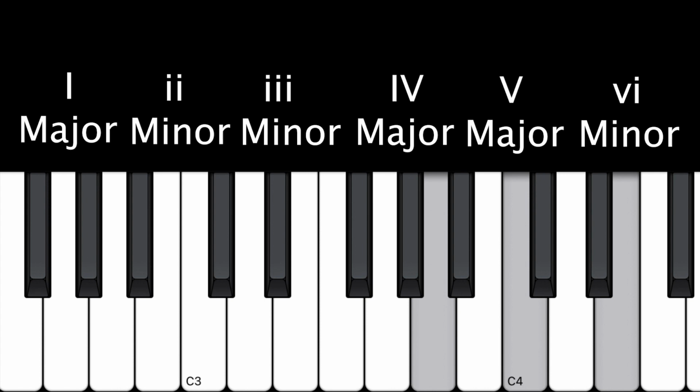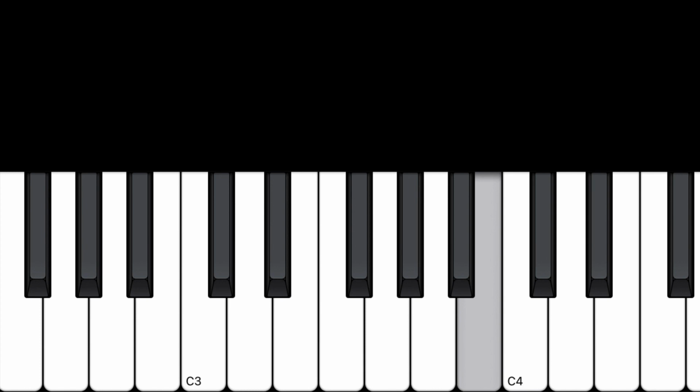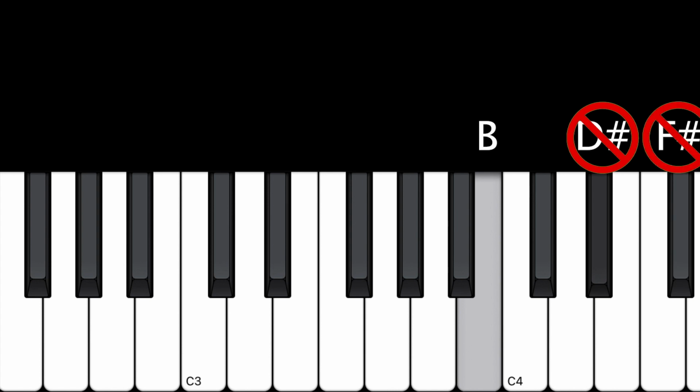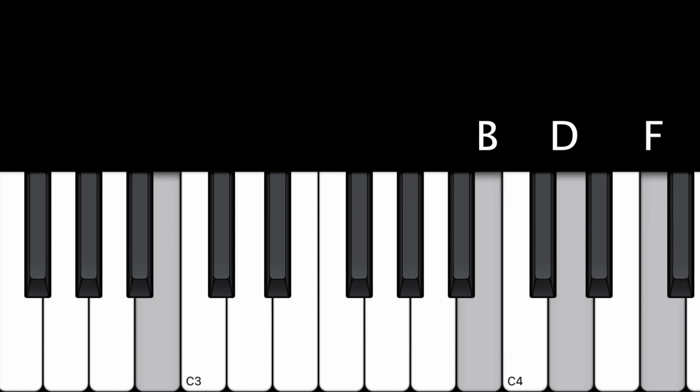Okay. Brings us to this final one. This is a B. I'm going to do the same thing. Let's see what happens. So 1, 2, 3, 4, 1, 2, 3. That's a B major chord. Nothing wrong with the B major chord unless you're in the key of C, because we can't use this D sharp and we can't use this F sharp. So we have to flatten both of them, and that gives us this chord.